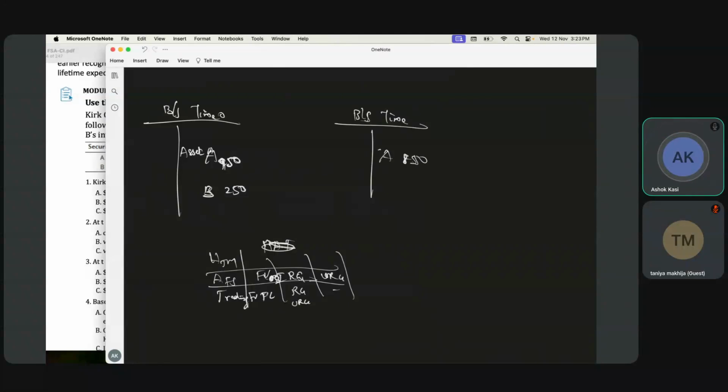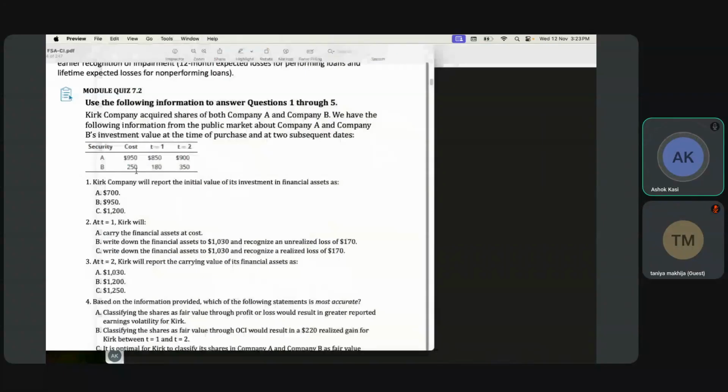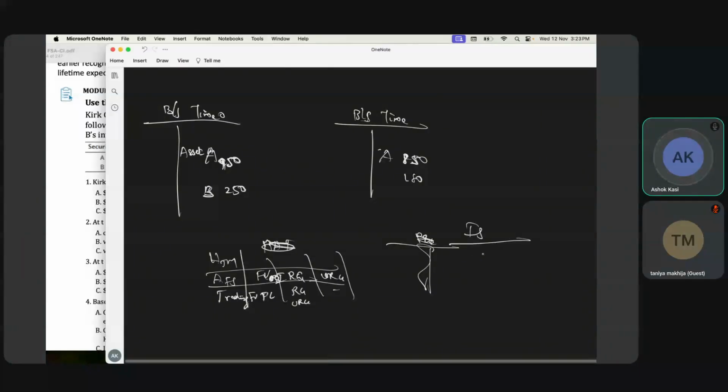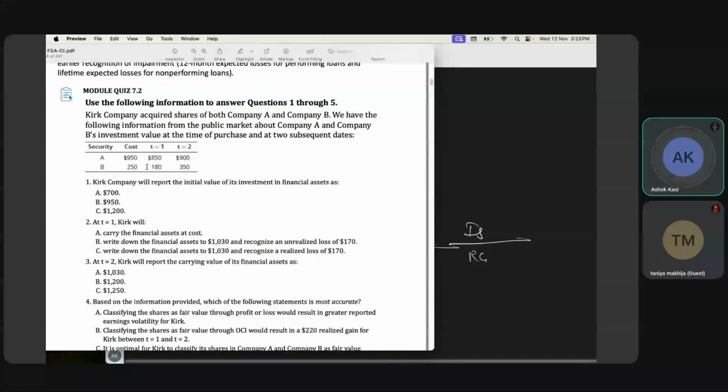Then asset B will be 180. And from the income statement perspective, realized gain we don't know, but we know unrealized gain we can calculate.